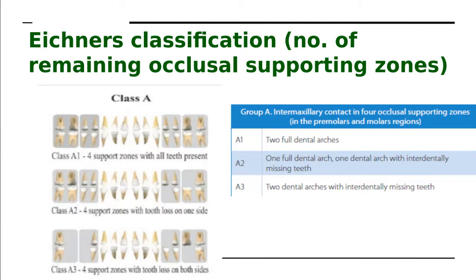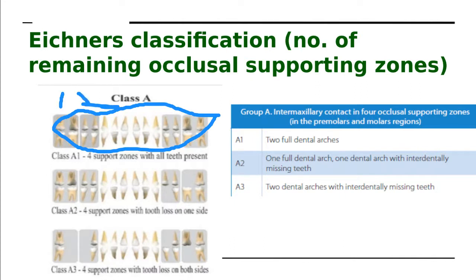Just observe this very carefully. Here in this photograph, we have the whole arches, both the maxillary and mandibular arches, with full dentition. All the teeth are present. If you observe carefully, these are the occluding units: 1, 2, 3, and this is the fourth one. So four occluding units.